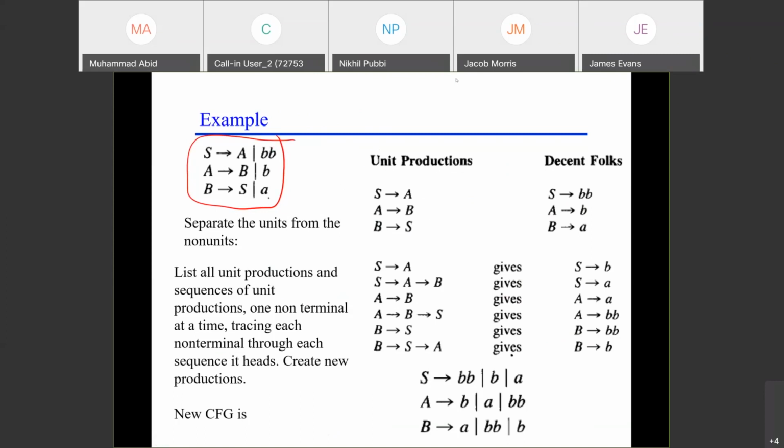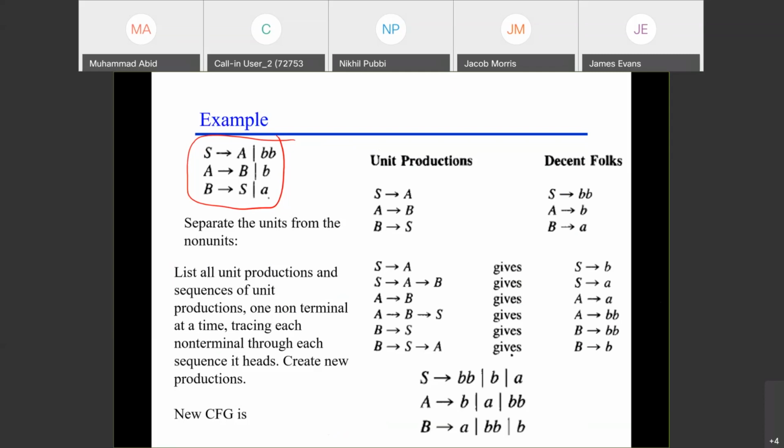Jacob Morris, are you there? I'm here. So does this grammar which I just showed you have any lambda productions? It doesn't look like it. Okay. Does it have unit productions?